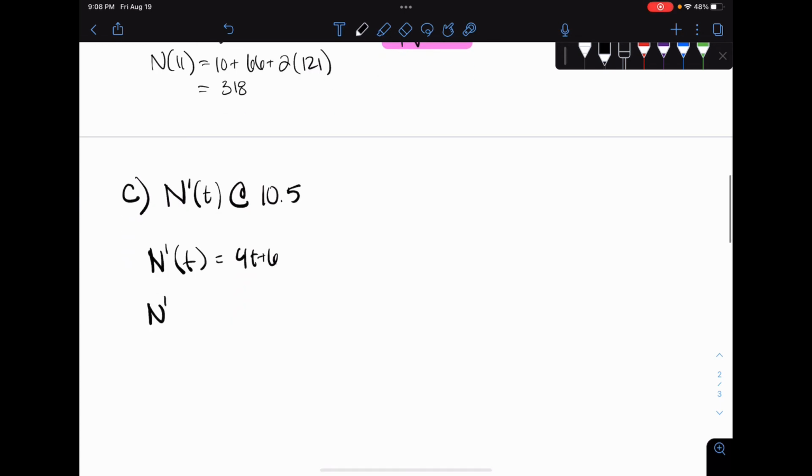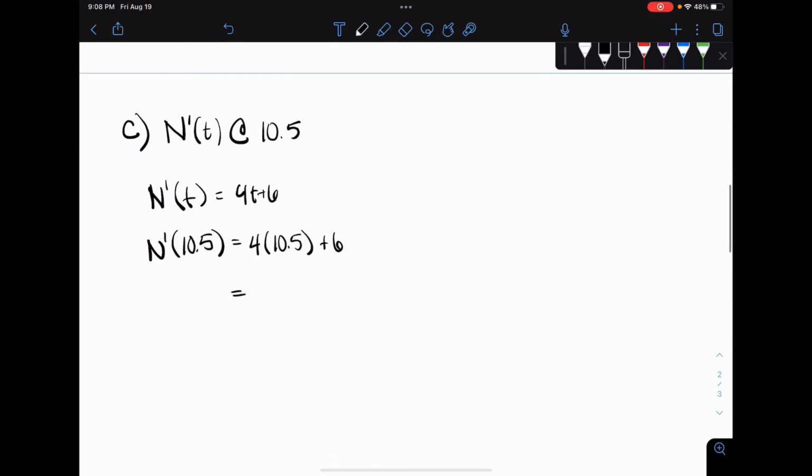You do n prime at 10.5. And that's going to equal 4 times 10.5 plus 6, and that equals 42 plus 6, which is 48, and that's your rate.